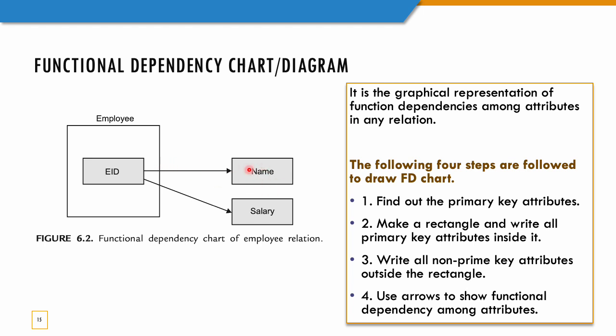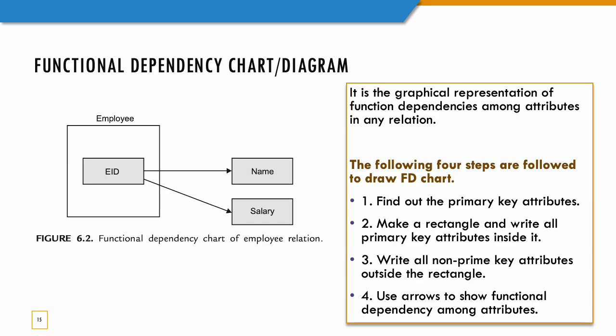The direction of the arrow signifies the dependency, for example employee ID to name and employee ID to salary. These methods help to visually organize the dependencies, making it easier to understand the relationship between the attributes and to identify any redundancy or anomalies in the relation.